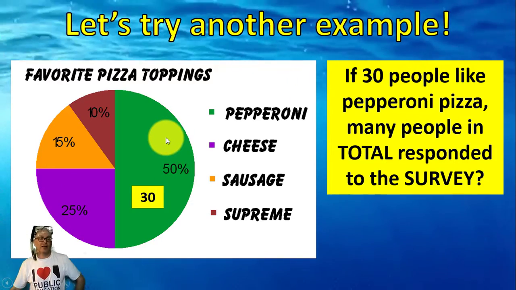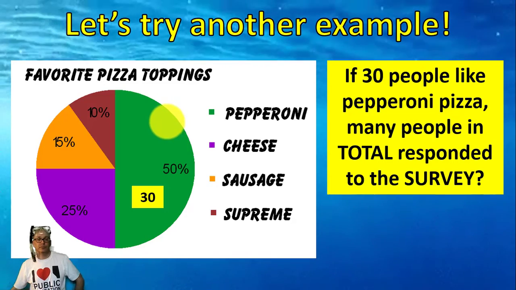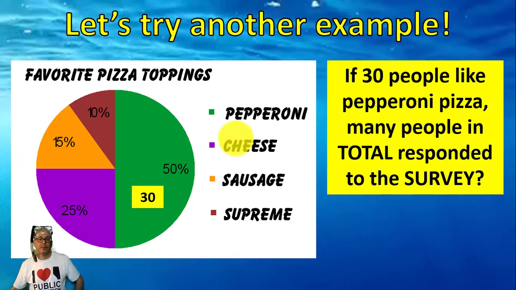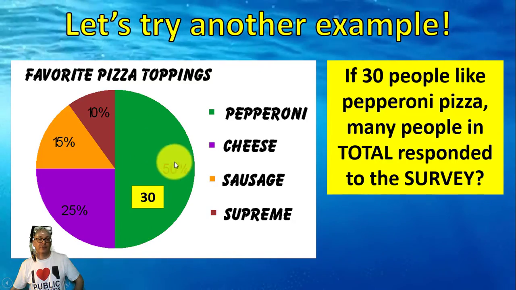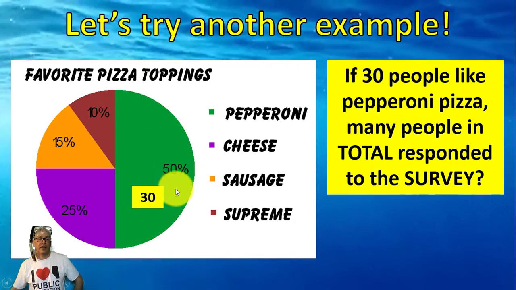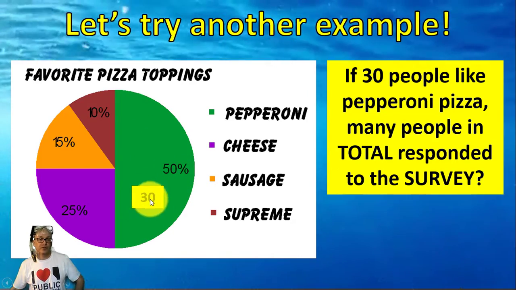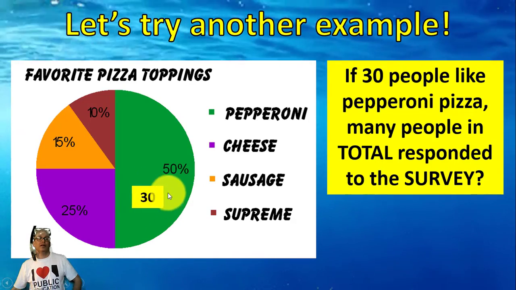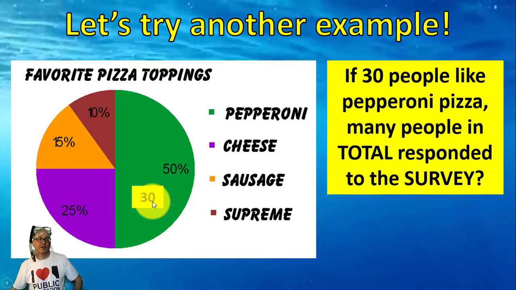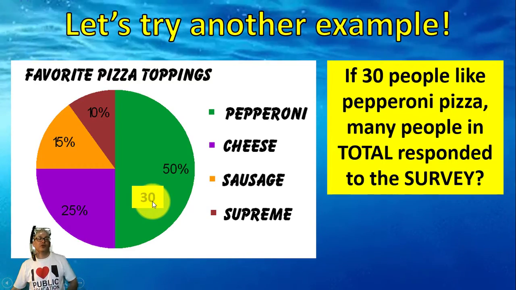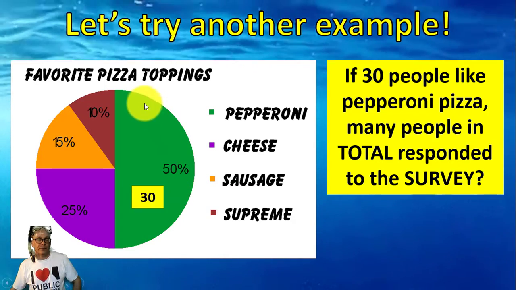Can you figure that out? Well, let's think about it. Half of the people is 30, right? 50%, half. Half of the people is 30. So what would all the people be? Half. 2 halves make a whole, don't they?